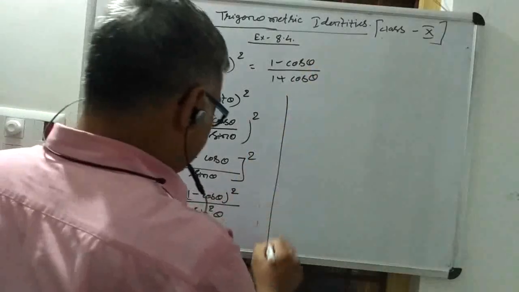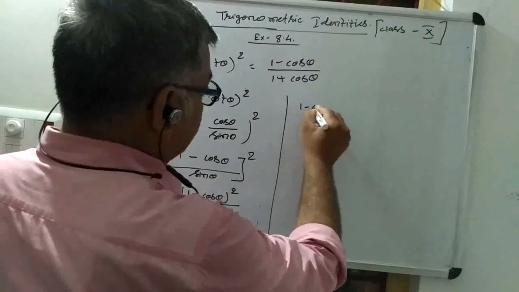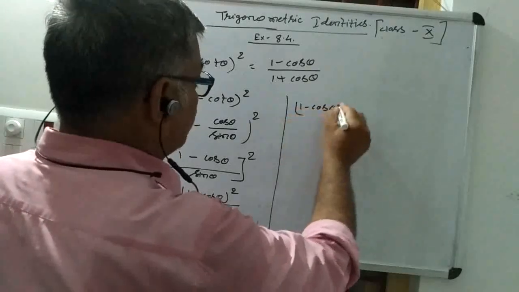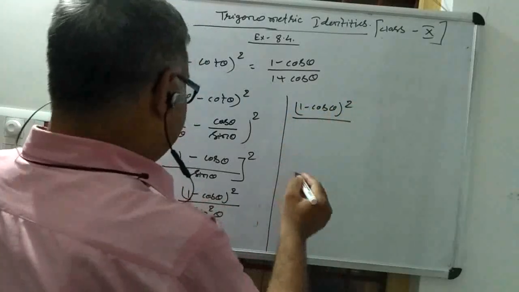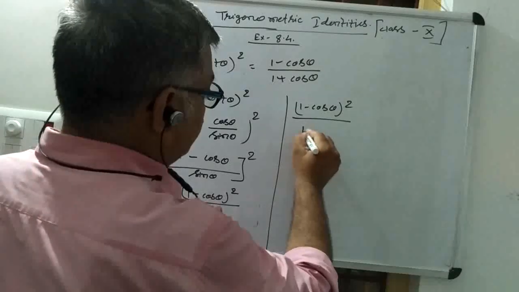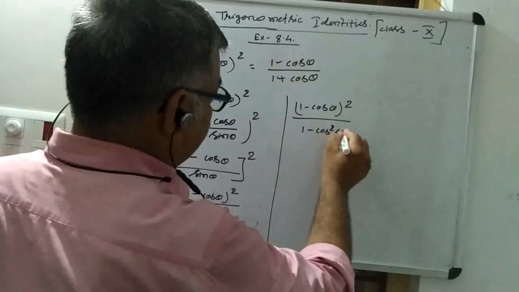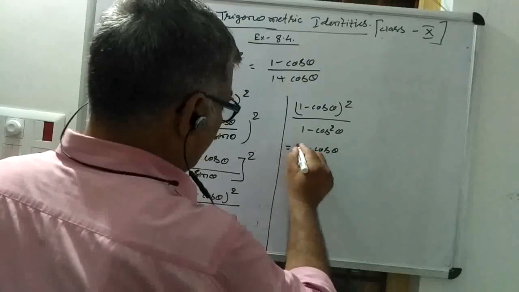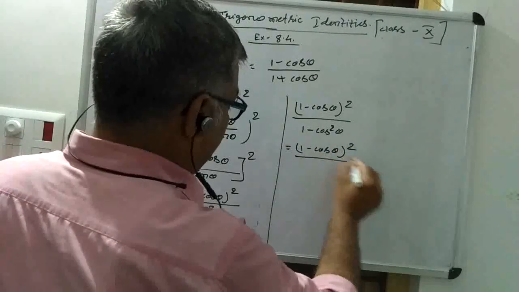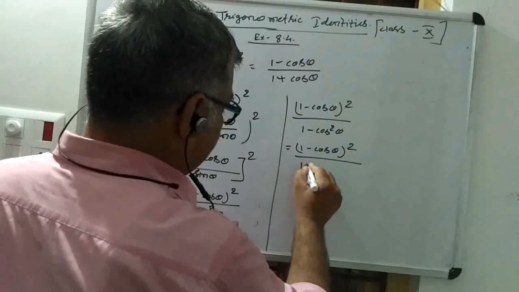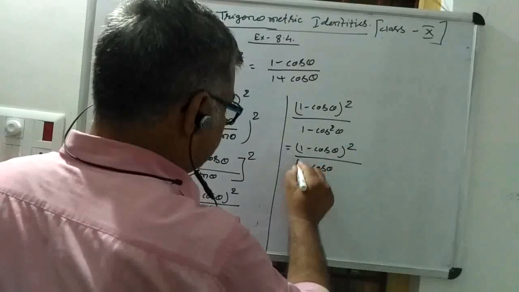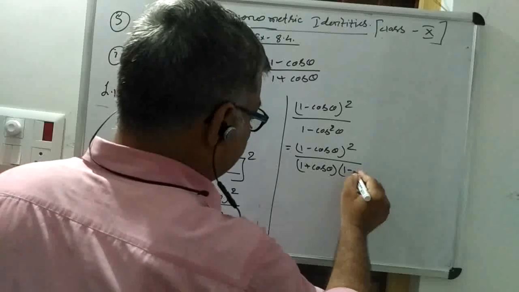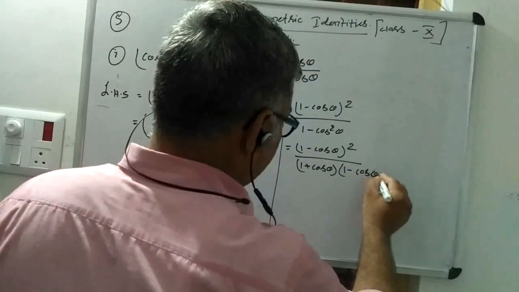Now sin square theta can be written as 1 minus cos square theta, and 1 minus cos square theta can be written as 1 plus cos theta into 1 minus cos theta.